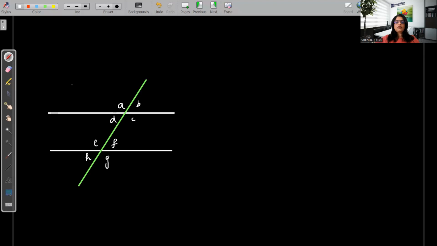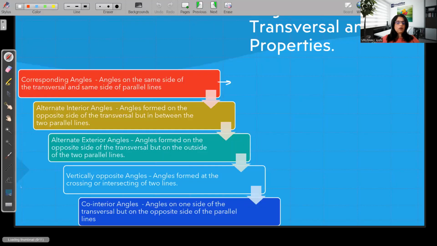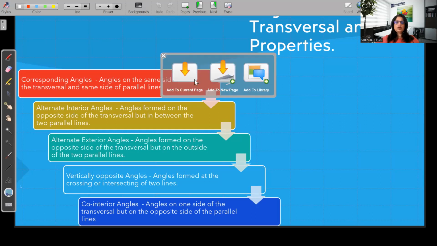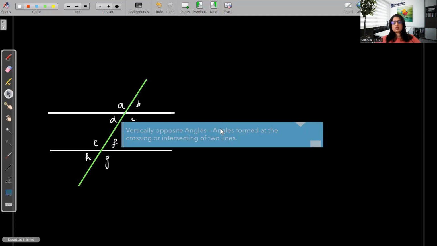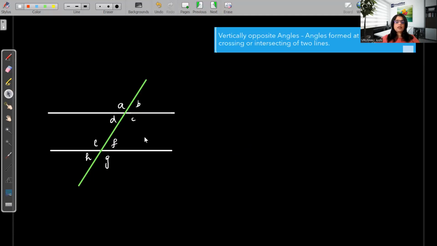All right, now we have to see what are vertically opposite angles. Conceptually, we have already seen what they are, but we will understand it with more clarity when it comes to parallel lines. Angles formed at the crossing, the intersection of two lines.